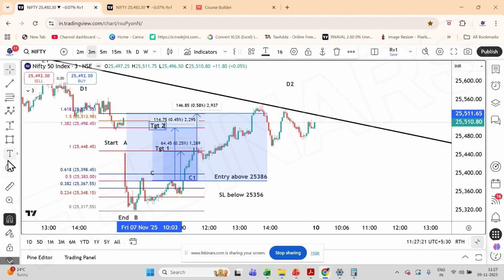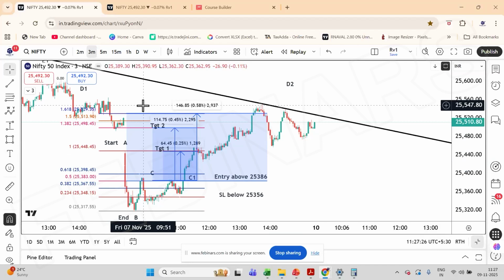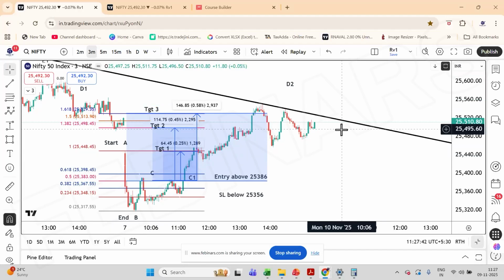This is the target 2. This is the target 3. So is the setup clear for all of you? This is just the tip of the iceberg of Fibonacci. Fibonacci is an exceptional tool if used in conjunction with different other techniques where you can apply it.